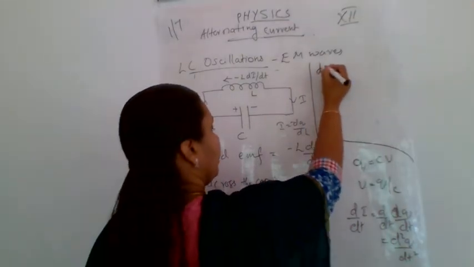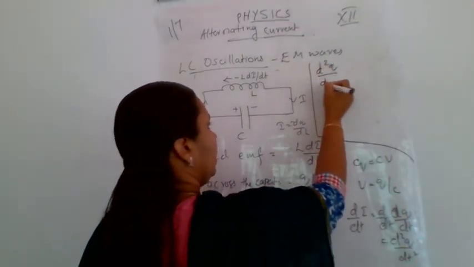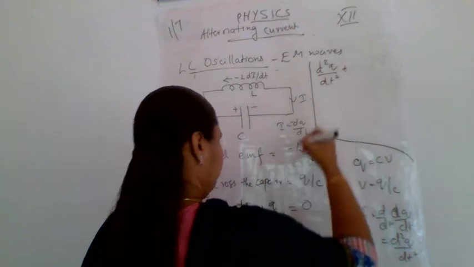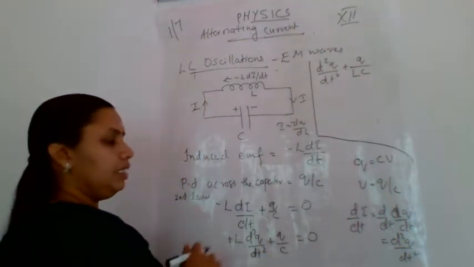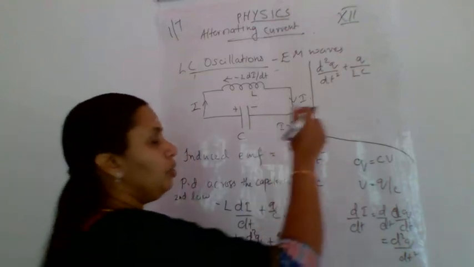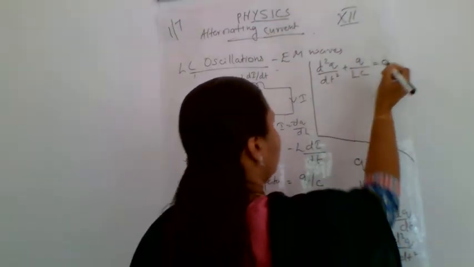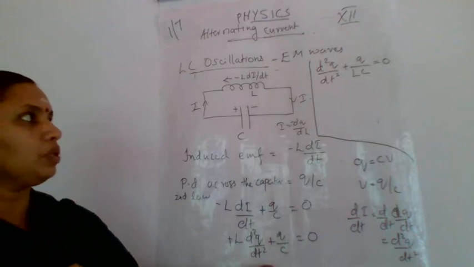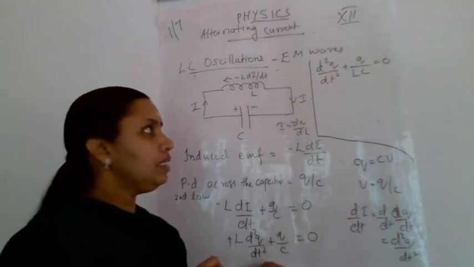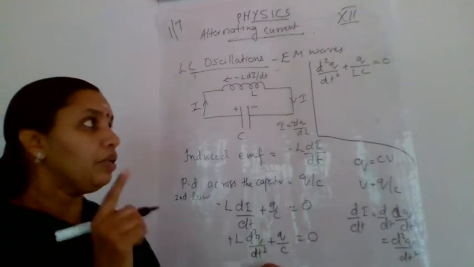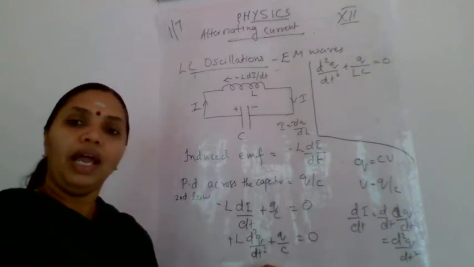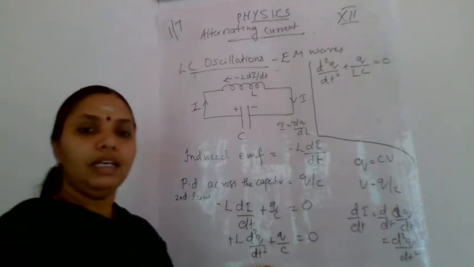And I am removing this L from this. So what will you get? d square q by dt square plus q by LC. I am dividing this equation by L. So q by LC is equal to 0. d square q by dt square plus 1 by LC into q equal to 0. And 1 by LC is a constant.